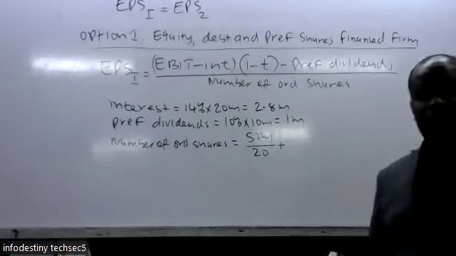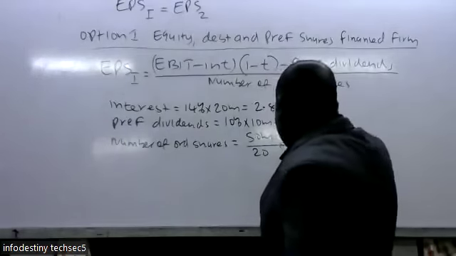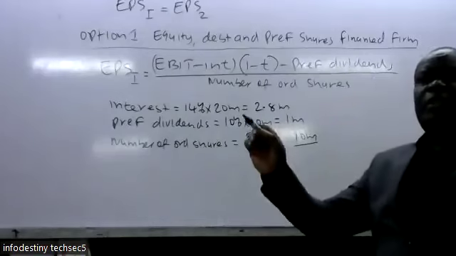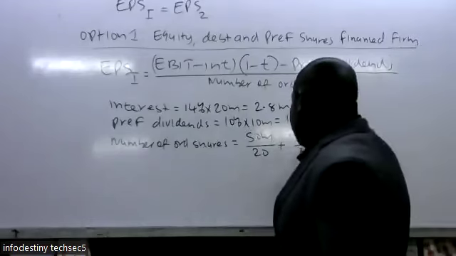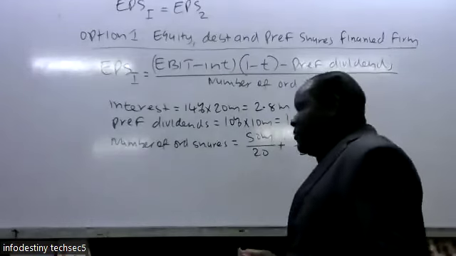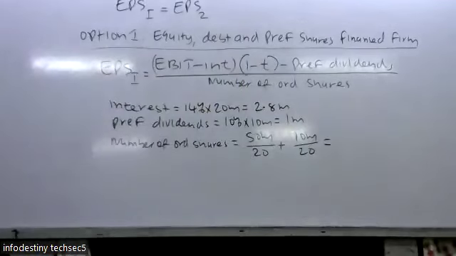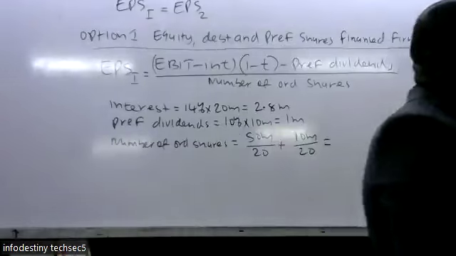The par value. So the amount to raise is 10 million, but to raise that 10 million, they are issuing shares at par. The par value, we know it is 20. So when you add them together, we shall now get the total number of ordinary shares.